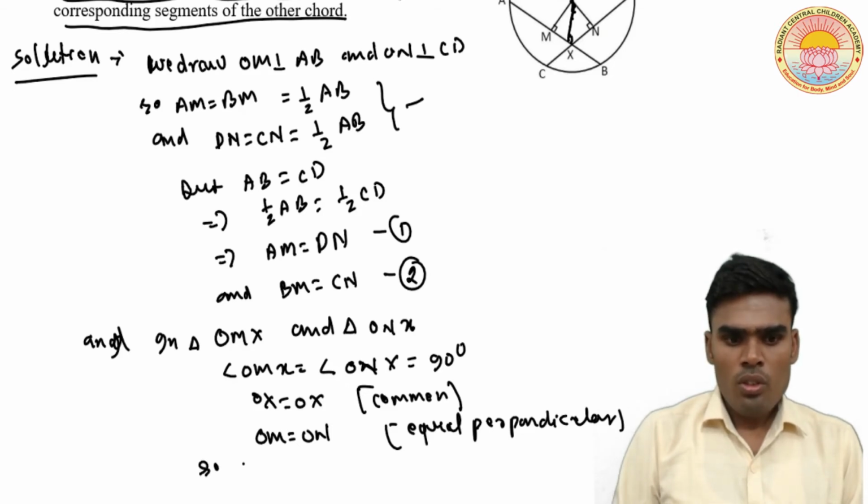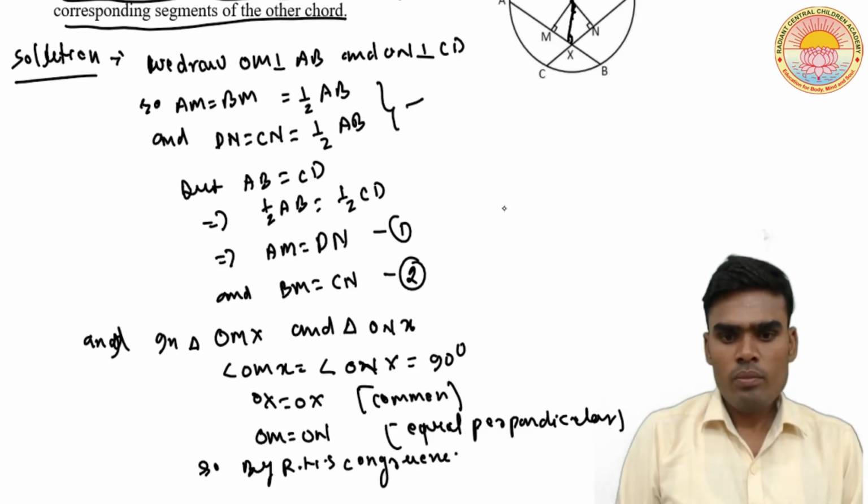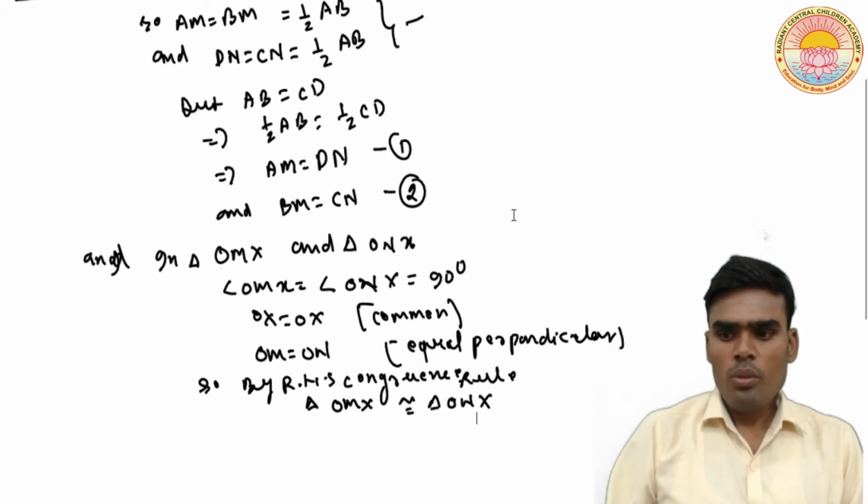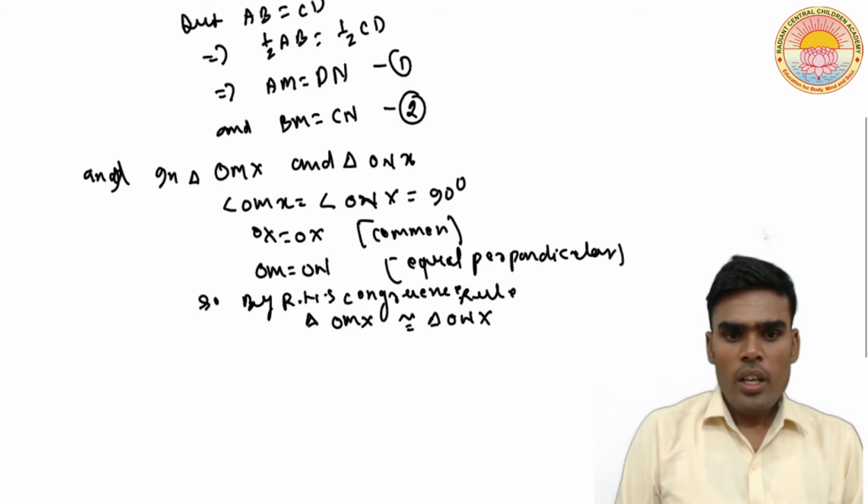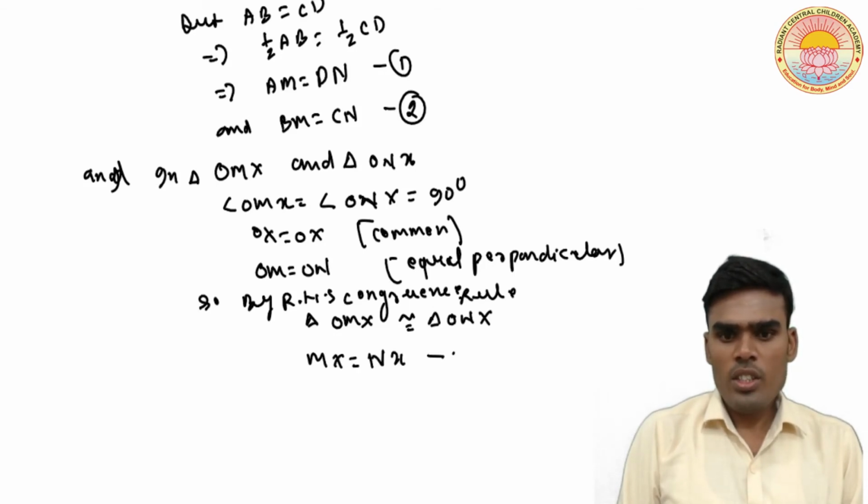So by RHS congruence rule, triangle OMX is congruent to triangle ONX. So MX is equal to NX, equation number third.